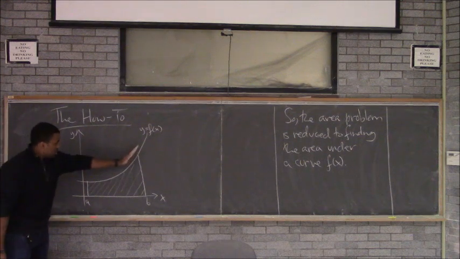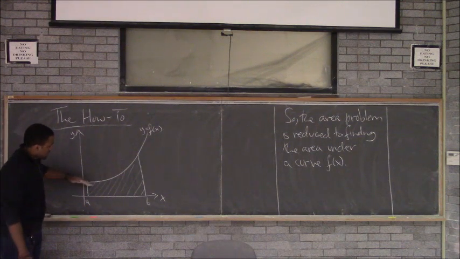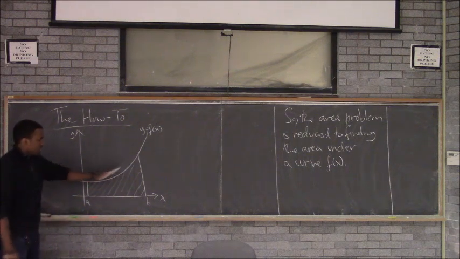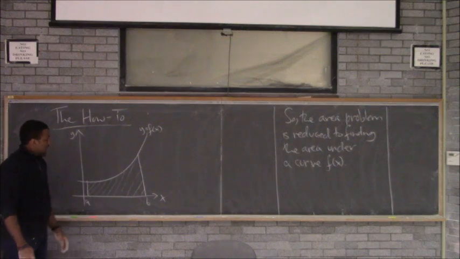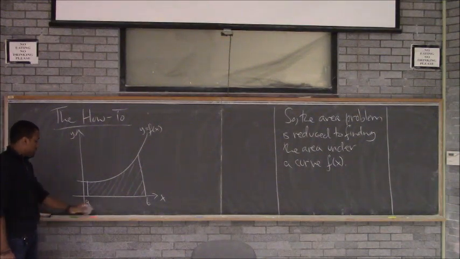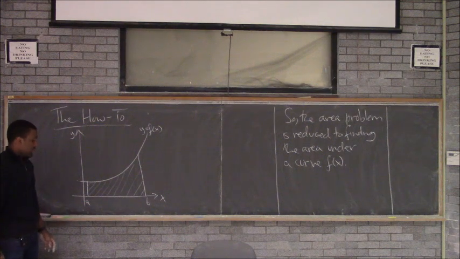But of course, this function, you can imagine, is of an irregular shape. It's not a straight line. It's just some random shape that is described by this function. How do I actually find the area under that curve? Well, we're going to start with the dissection idea.